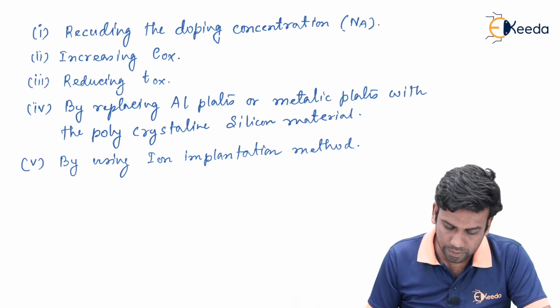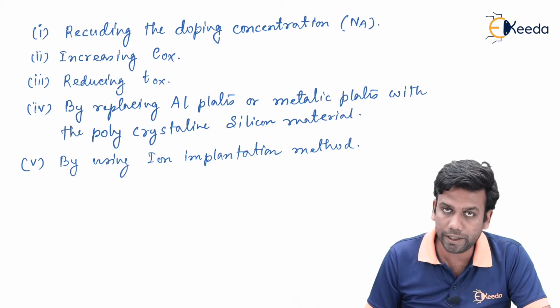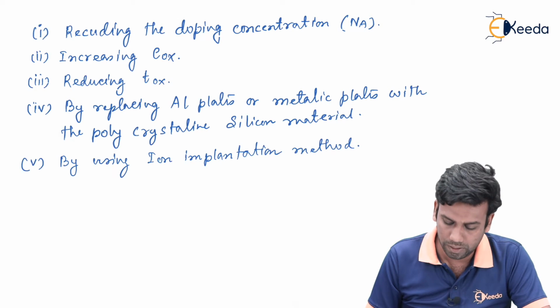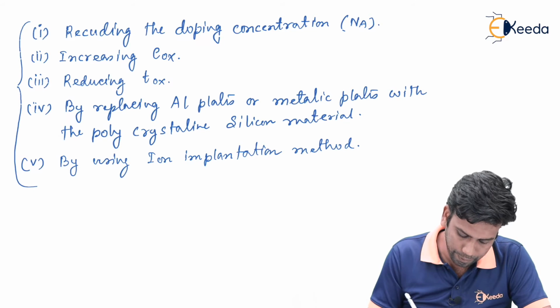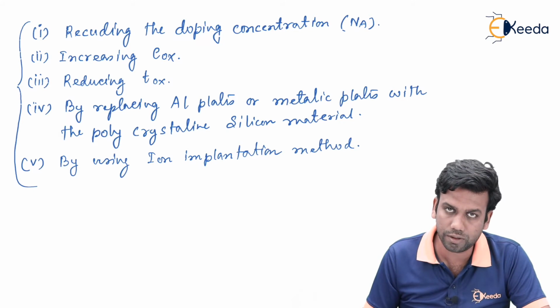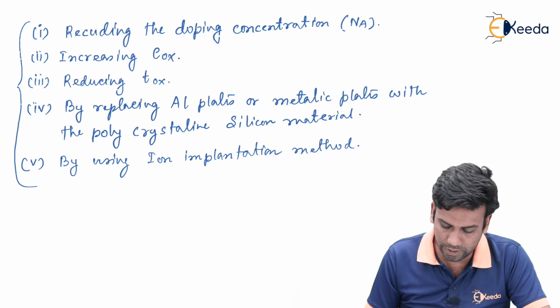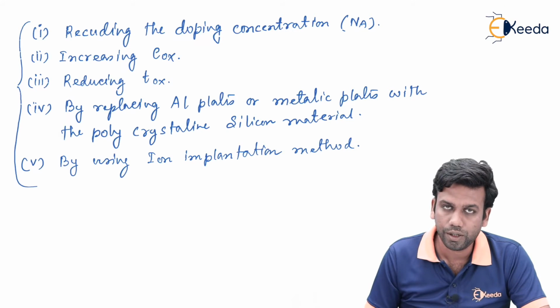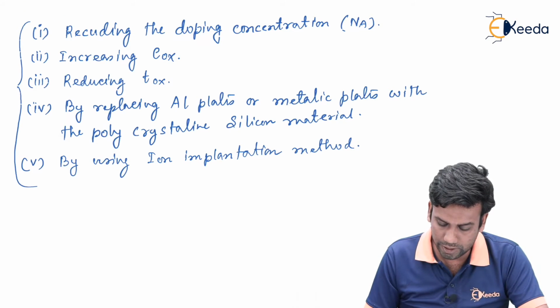At present, the technique is outdated. So if we use the ion implantation method in doping the N-type region, then the threshold voltage can be reduced by a significant amount. So these 5 points are the procedures to reduce the threshold voltage for an NMOS transistor. So in this way, we can reduce the threshold voltage of an NMOS transistor.